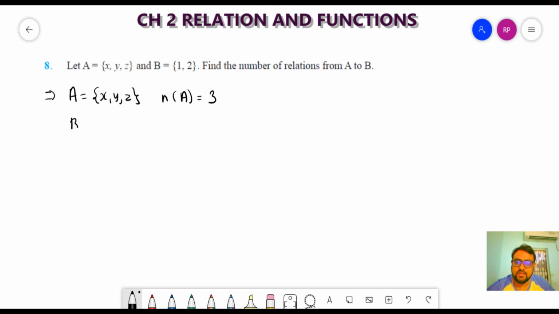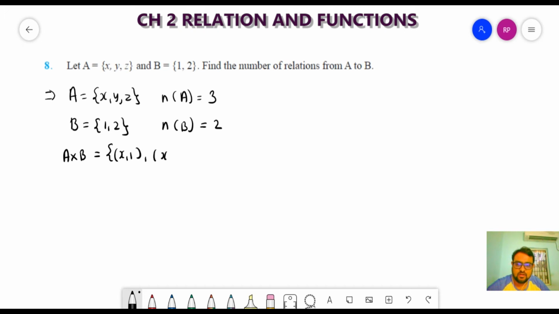Now set B is equal to 1, 2. What is the number of elements of B? 2. Clear? Now what is a relation? Relations are subsets of A cross B. If I want to find the relation from A to B, it will definitely be a subset of A cross B.